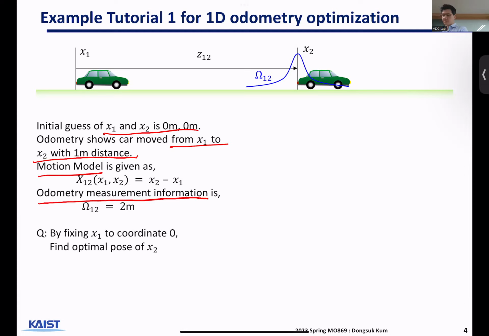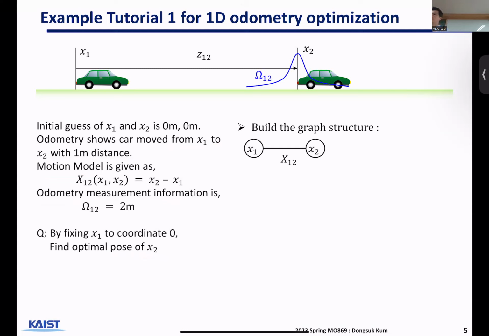And the question is, find optimal pose of X2. Okay, so meaning that it's a pose estimation problem. So this is an illustration of this problem.